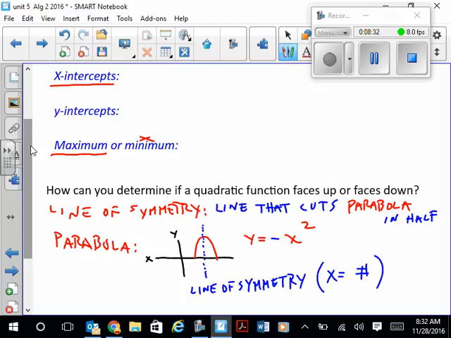When it's the highest point, we call it the maxima. When it's the lowest point, we call it the minima. Write that down, make sure you have it.